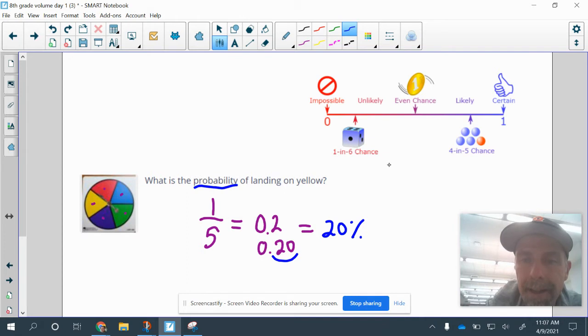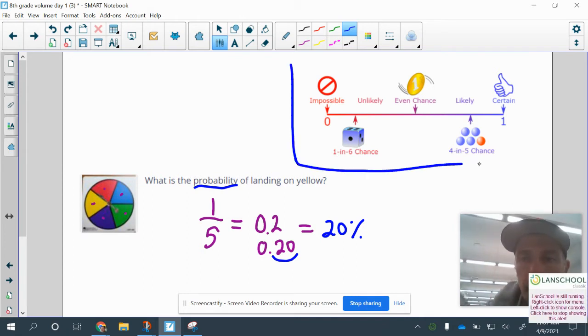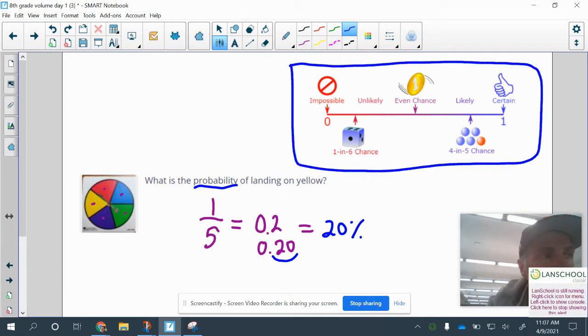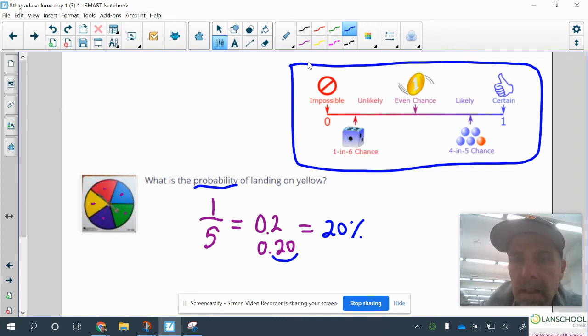And then determining likelihood. This is the likelihood scale right here. It's pretty easy to figure out likelihood if you know these 5. Certain is 100%, and only 100% chance.